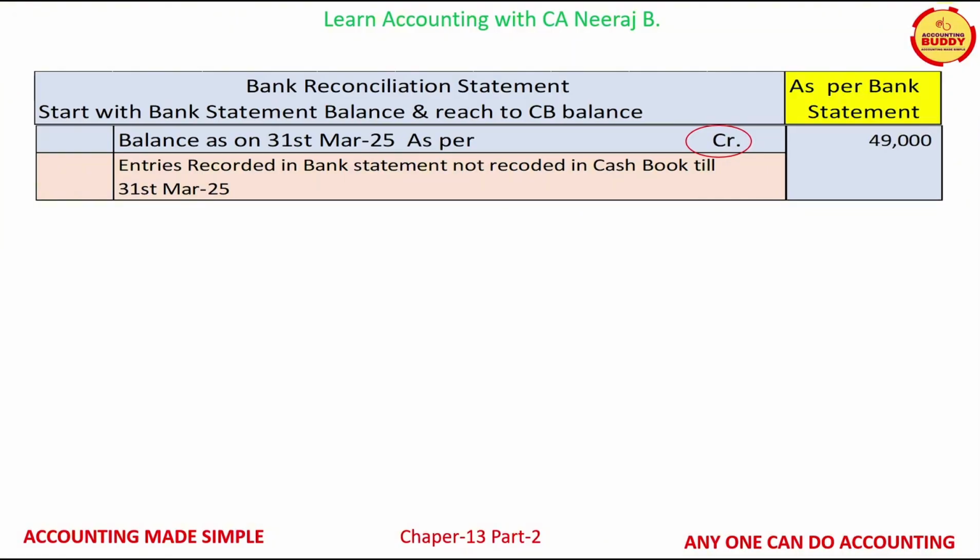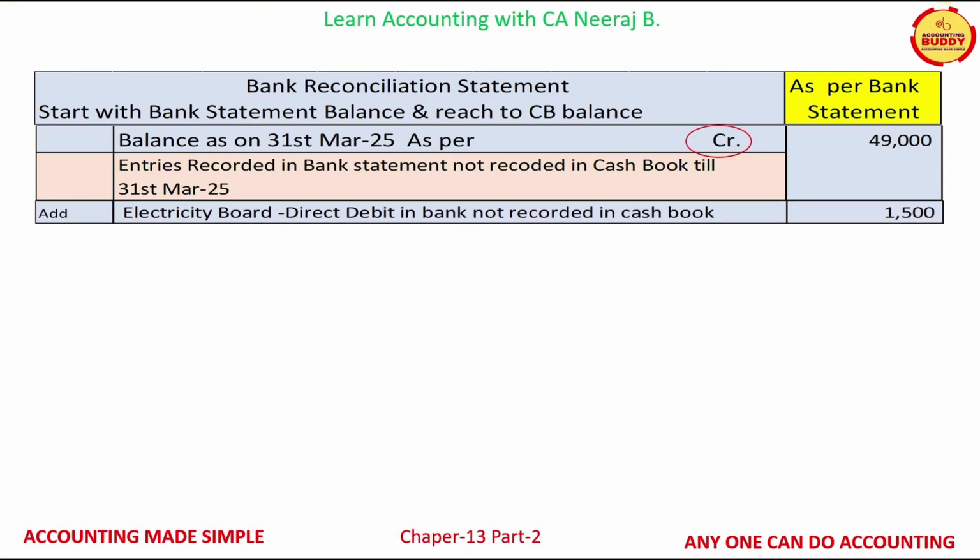The electricity expenses of $1,500 debited by the bank has reduced the bank balance. Since this transaction is not recorded in the cash book till 31st March 25, the cash book balance is not reduced by $1,500. Therefore, this amount will be added back to the bank statement balance.